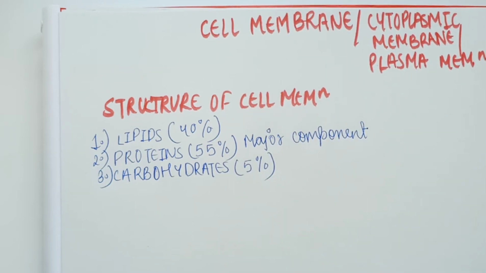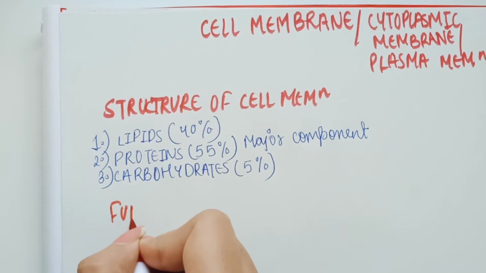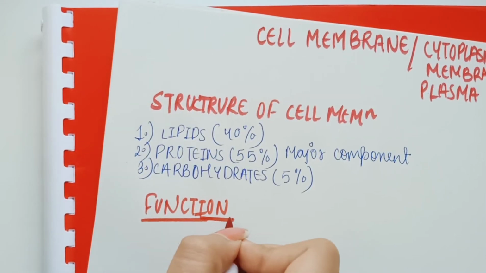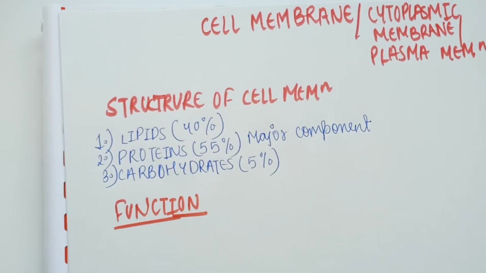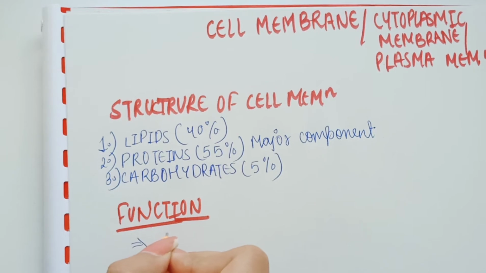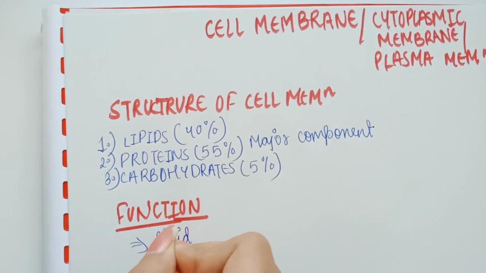So the main thing is why we need the cell membrane. What is the function of the cell membrane? As you all know, the cell membrane is a lipid bilayer, as we discussed.